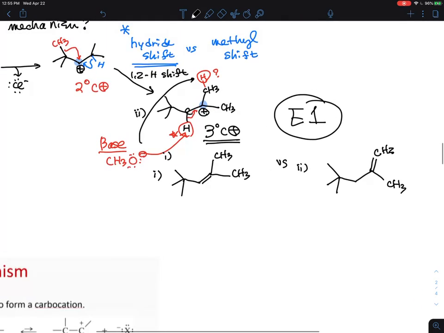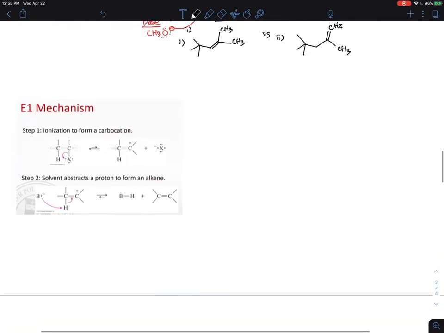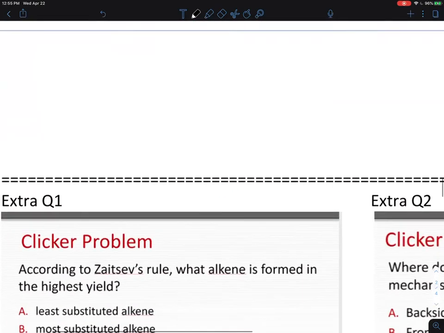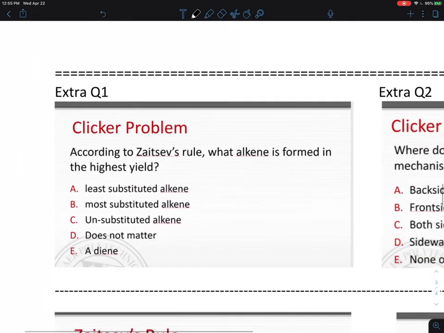From here we need to have another rule, and the rule says, have you heard about this? I cannot pronounce it, it is a Russian name. It is what they call the Zaitsev rule, and it determines which alkene is formed in higher yield when you do the E1 reaction. The one with the most substituted alkene is the one they will favor.